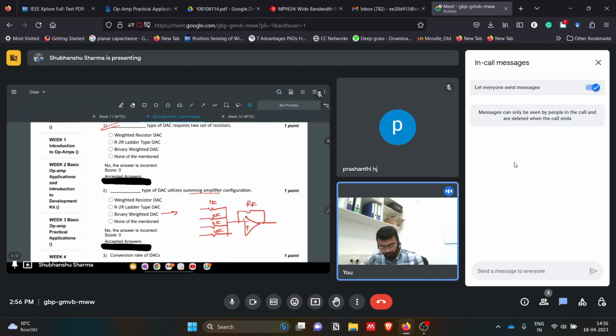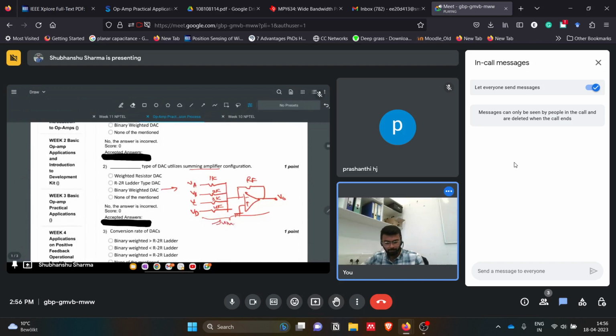We have some RF. This is V output. This is VA, VB, VC, VD. So this is an example of a summing amplifier. So we can see that the summing amplifier is being used in binary weighted DACs.